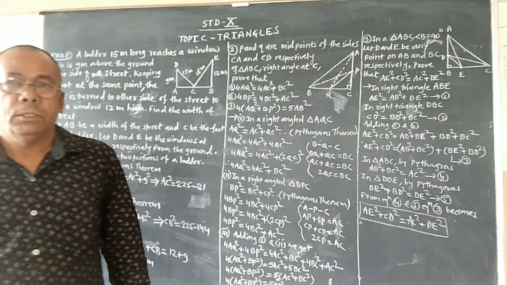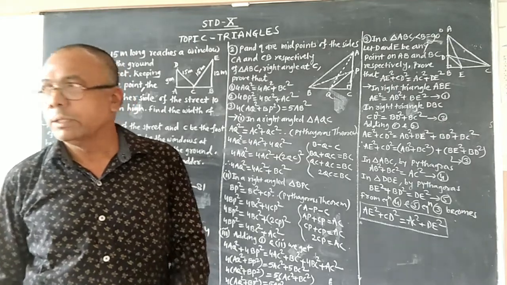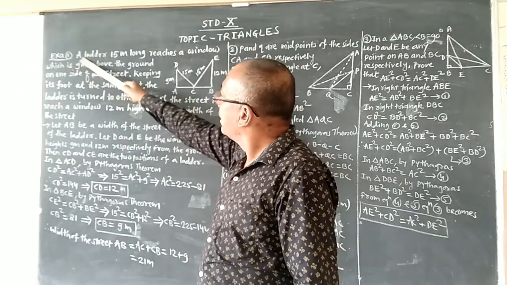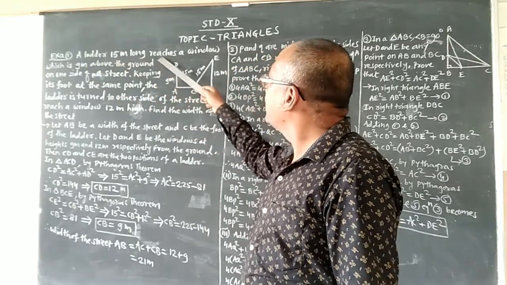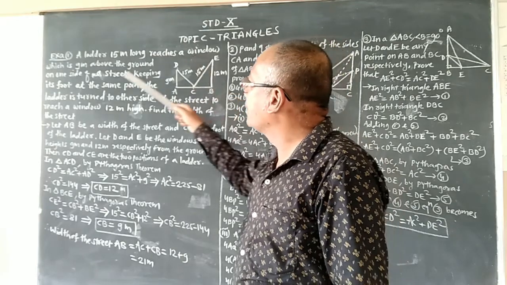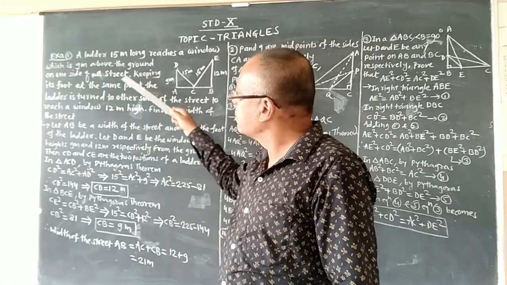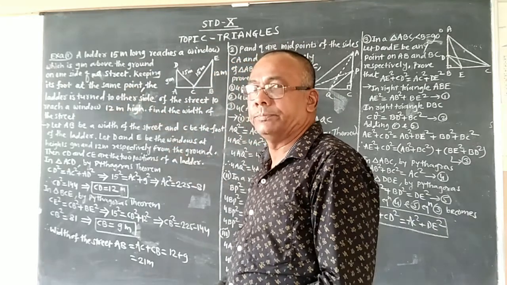Now we have to see some examples. Here, the first example is that a 15-meter-long ladder reaches a window which is 9 meters above the ground on one side of the street.